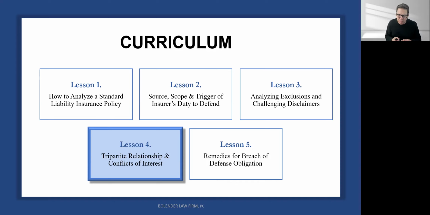And that analysis may lead you to the conclusion that the insurance adjuster has made unwarranted assumptions about facts in order to avoid a defense. All right. So in lesson 3, we addressed the contractual duty to defend and the policyholder's corresponding right to an immediate defense. Let's now look at the right to defend and conflicts of interest.